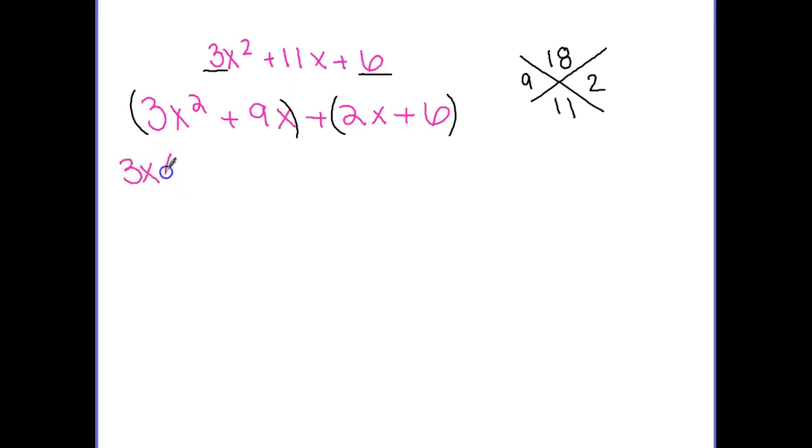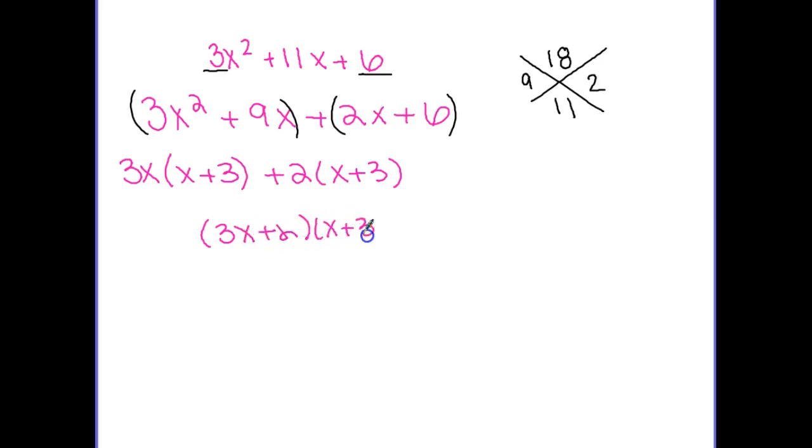So you take out a 3x. That leaves behind x plus 3. What can I take out of 2 and 6? So now my factors are 3x plus 2, x plus 3.